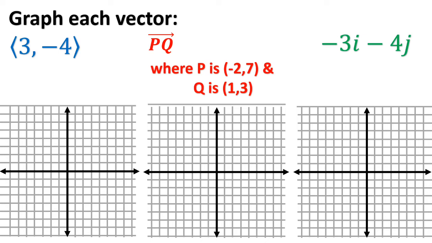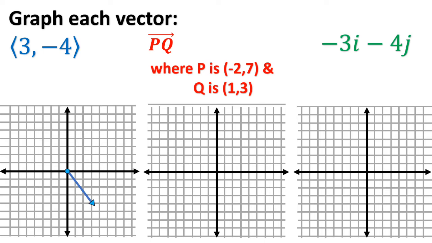Beginning with vector ⟨3, -4⟩, written in component form, if we wanted to graph this vector in standard form, we would begin by plotting a point at the origin. From this point, moving right 3, down 4, and drawing an arrow. Connecting, we have now graphed the vector ⟨3, -4⟩ in standard form.